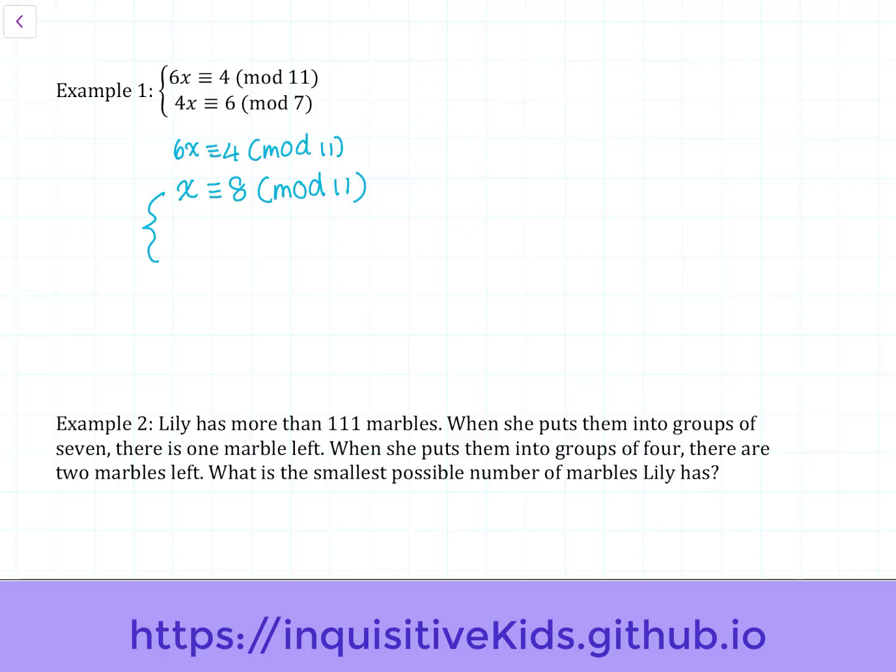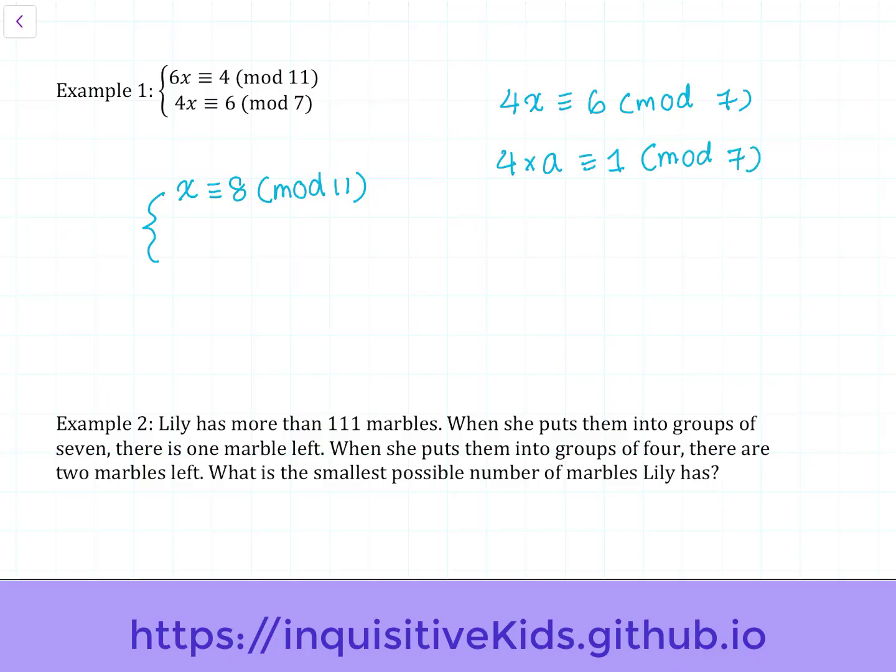Now let's do the same thing for 4x is congruent to 6 mod 7. Let's write a again as 4's modular inverse. 4 times a number is congruent to 1 when divided by 7. So this number will have a remainder of 1 when divided by 7.